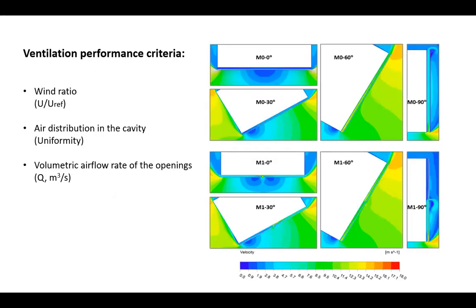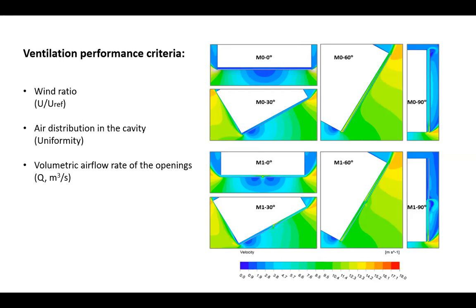These are the contours of the velocity that show the airflow around and in the cavity of the building, and how the airflow enters the cavity and is distributed.